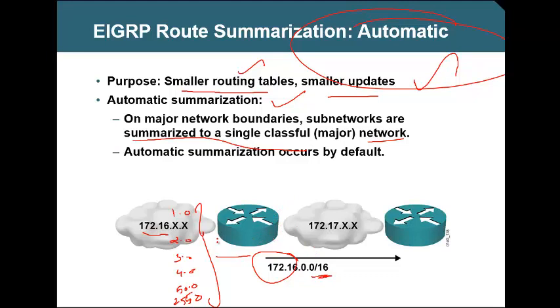So instead of sending 255 network information, we just send one summarized route, 172.16.0.0/16. So the amount of bandwidth consumed while we send the update is going to be less.